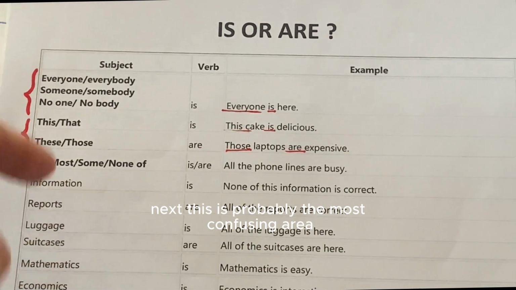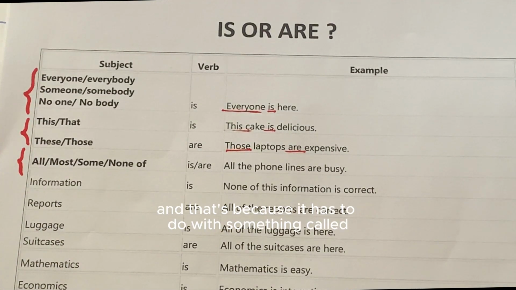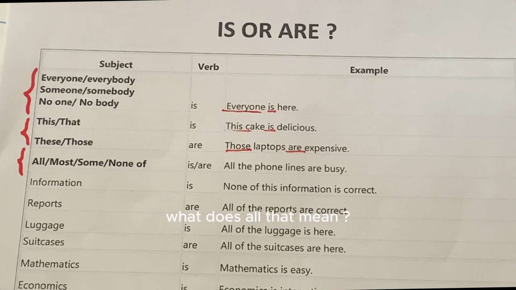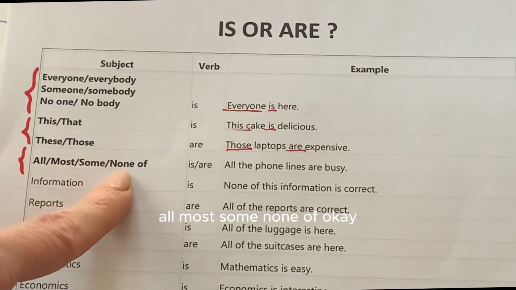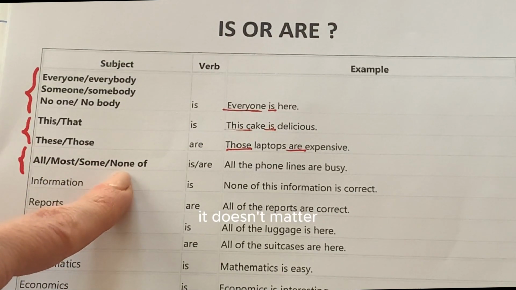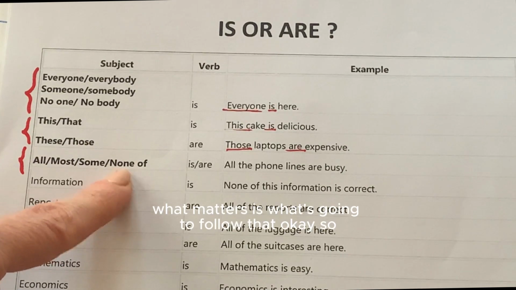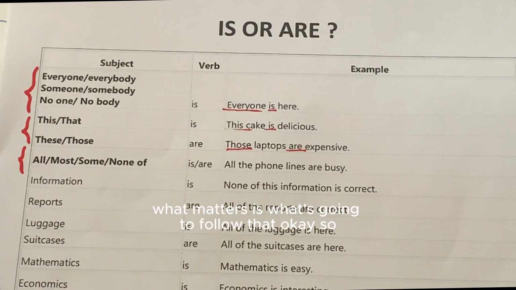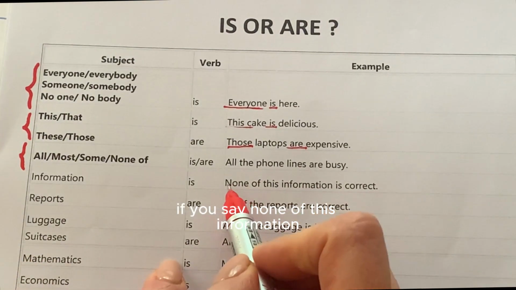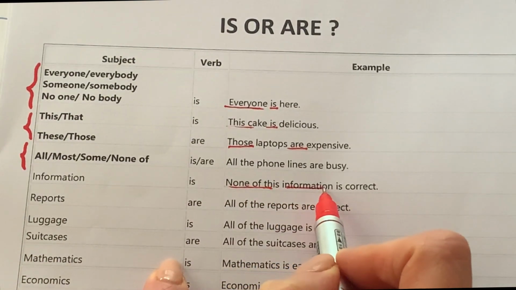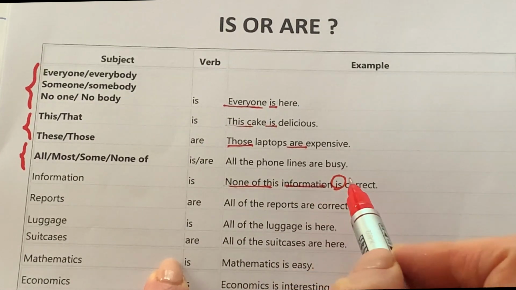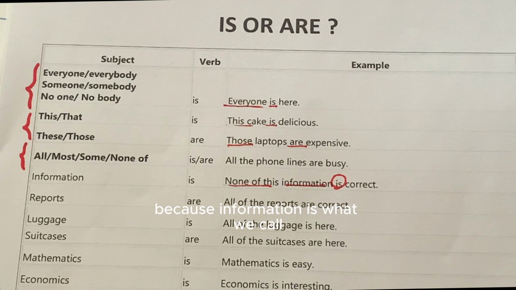Next, this is probably the most confusing area, and that's because it has to do with something called countable or non-countable, or uncountable nouns. What does all that mean? Okay, so let's look. All, most, some, none of. It doesn't matter. What matters is what's going to follow that. So if you say none of this information, you should use is. Why? Because information is what we call an uncountable noun.